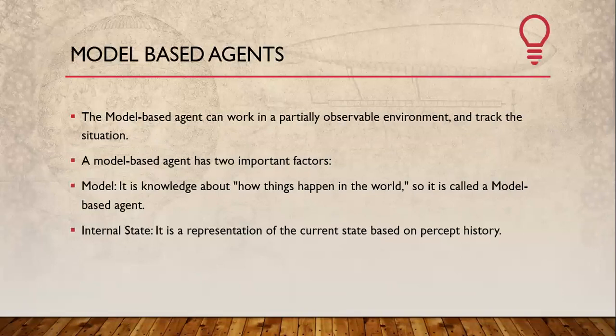The model based reflex agent can work in a partially observable environment and track the situation. Here a term is coming: partially observable environment. It is one of the characteristics of the task environment, and we are already aware that the environment can be fully observable or partially observable.